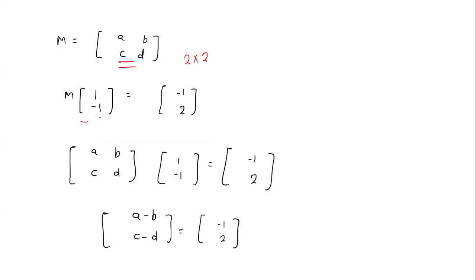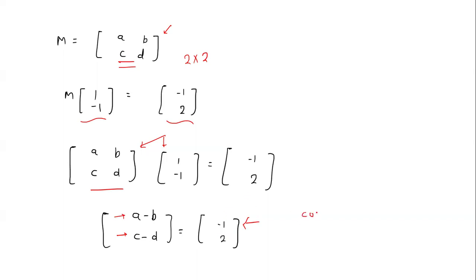M matrix we assume this, so we can replace M by this, and then you can multiply these two matrices. So the product will give us first term A minus B, and the second term C minus D. This is a simple two matrix product, and the right hand side we have minus 1 and 2.